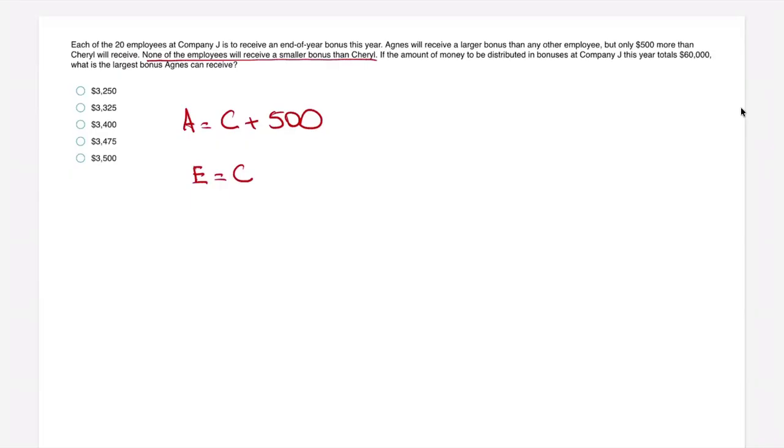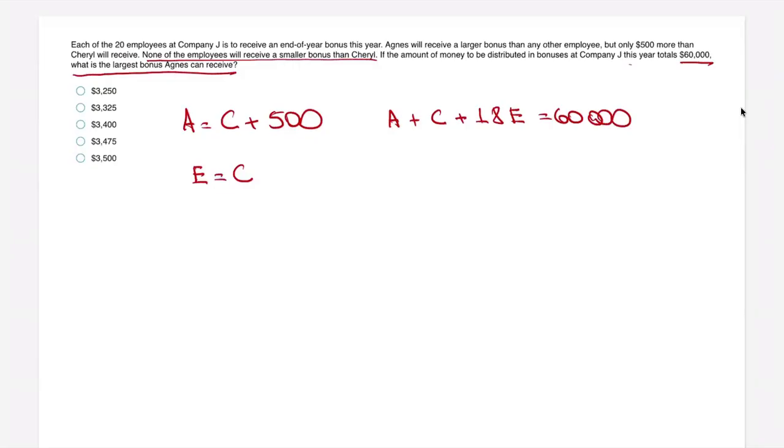If the amount of money to be distributed at company J this year is 60,000, what is the largest bonus Agnes can receive? Okay, the bonus is made by Agnes plus Cheryl plus 18 employees. That is 60K. Do you guys agree?